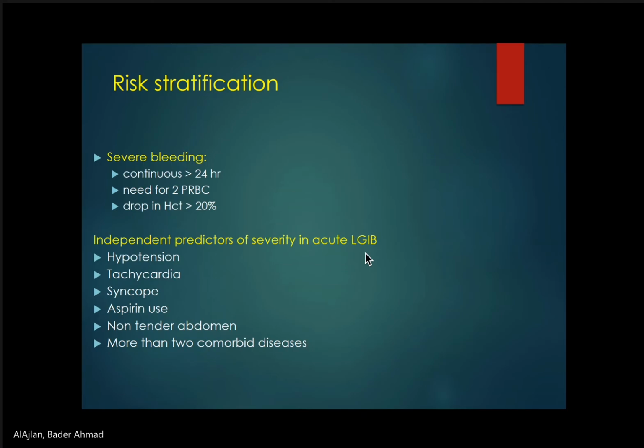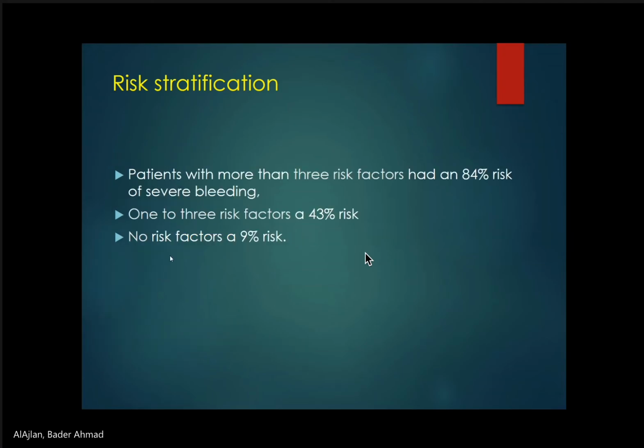If the patient has more than 3 of these, the risk of severe lower GI bleed is more than 84%. If they have 1 to 3, the risk is 43%. If they don't have risk factors, the risk of severe lower GI bleed is 9%.